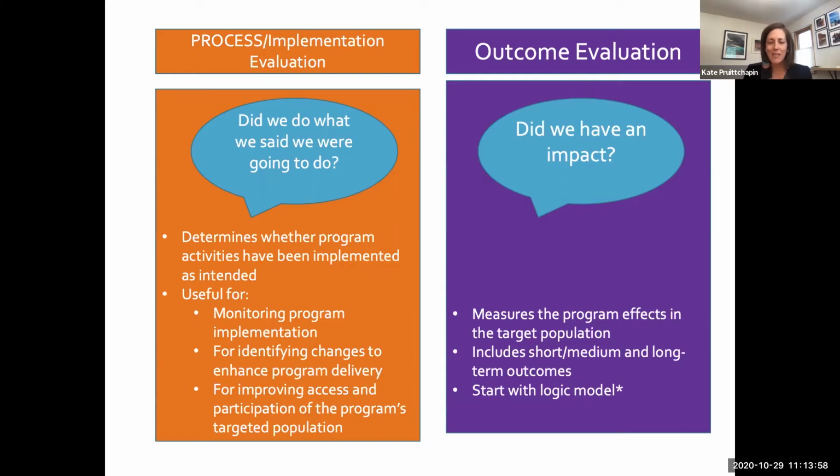And so oftentimes this includes the short, the medium, and the long-term outcomes. And logic models, which I'll talk about in a little bit, can really help us inform this outcome evaluation. Now, that's a lot to share in one slide, but I'll say that most evaluations have pieces of both process and outcome that are part of the evaluation plan, right?